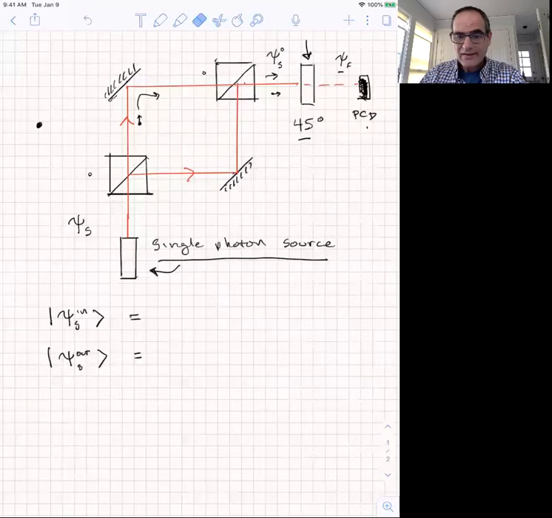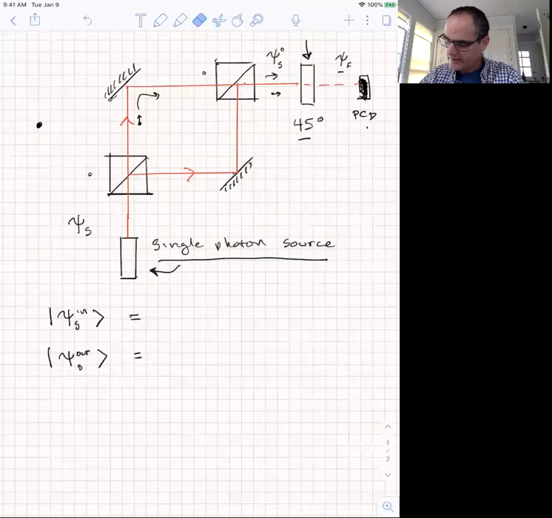All right, now let's look at the second case. In the second case, we use the measurement on the idler photon or the gate photon to put the signal photon in a maximally entangled state, in a superposition state.